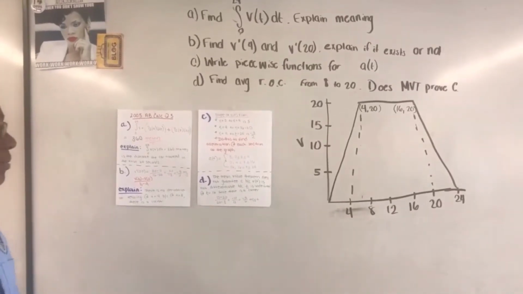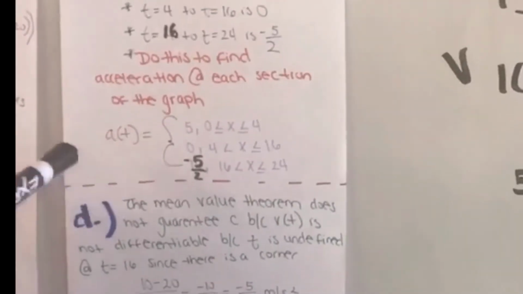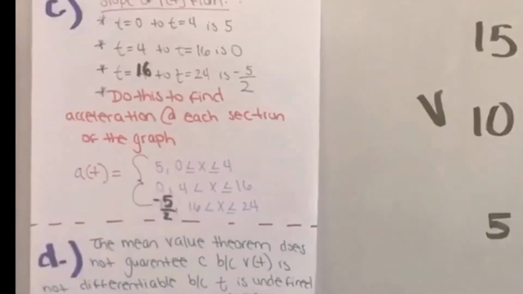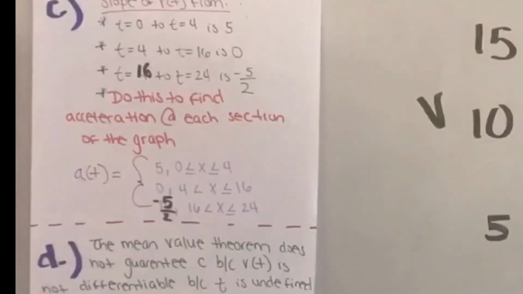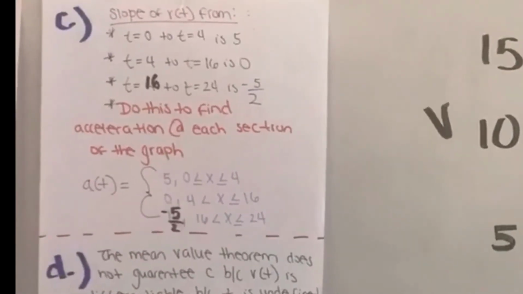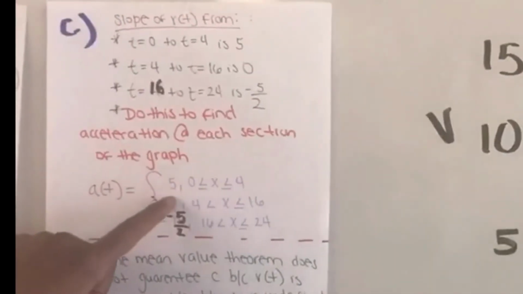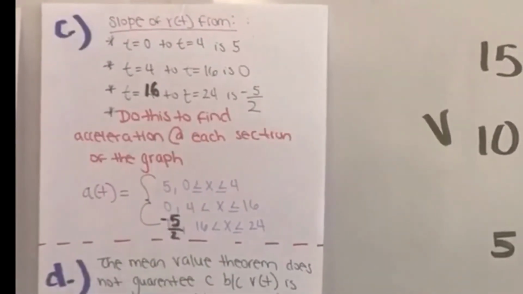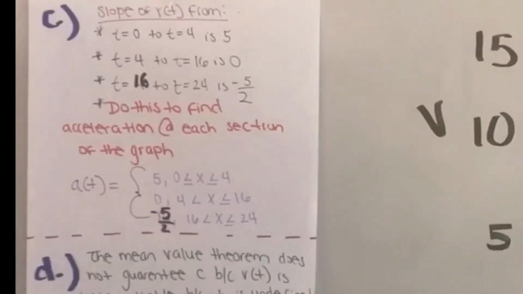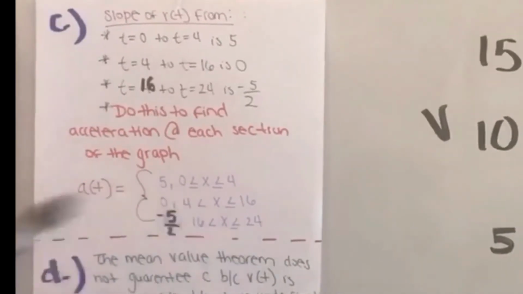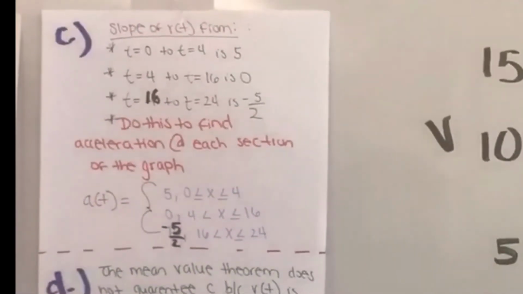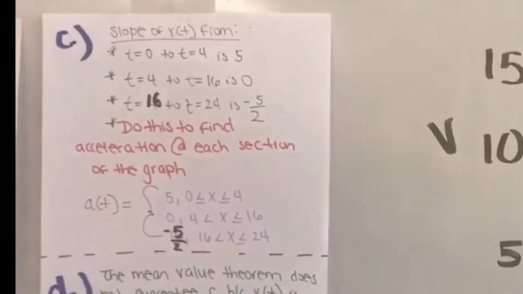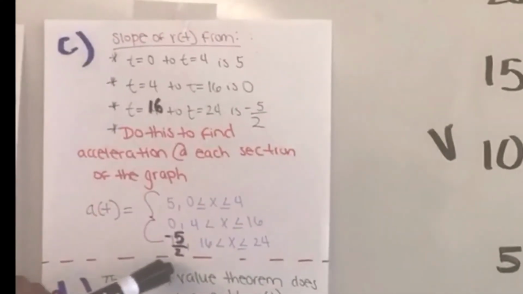So a of t equals 5 when t is greater than or equal to 0 and less than or equal to 4. It is 0 when t is greater than 4 but less than or equal to 16. And it is negative 5 over 2 when t is greater than 16 but less than or equal to 24.